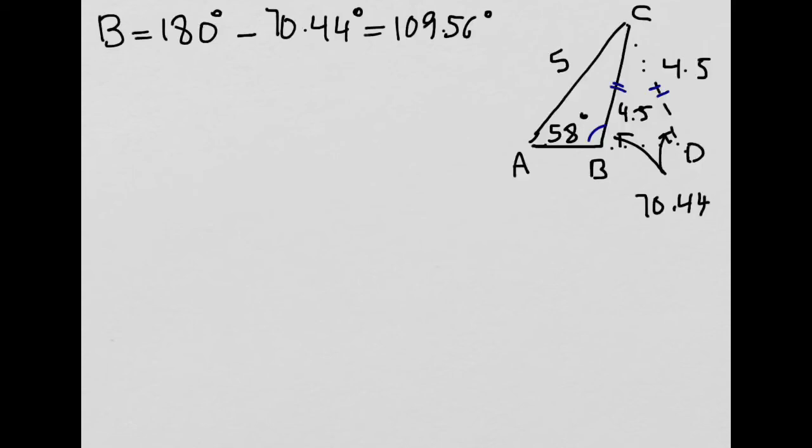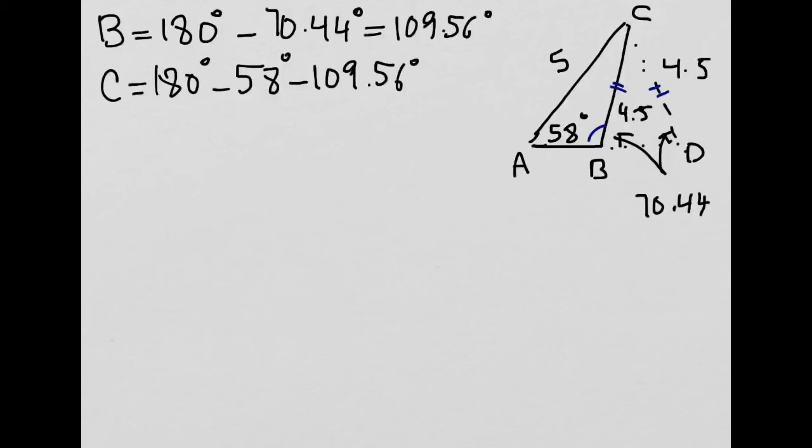So now in triangle ABC, we know angle A, we know angle B. Angle C would be 180 minus the sum of A and B, which is 58 plus 109.56, and that is 12.44 degrees.